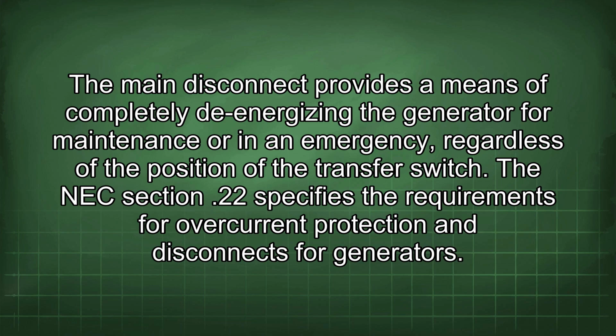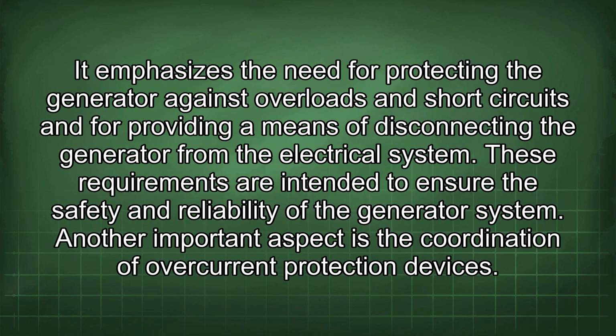The NEC Section 22 specifies the requirements for overcurrent protection and disconnects for generators. It emphasizes the need for protecting the generator against overloads and short circuits and for providing a means of disconnecting the generator from the electrical system. These requirements are intended to ensure the safety and reliability of the generator system.